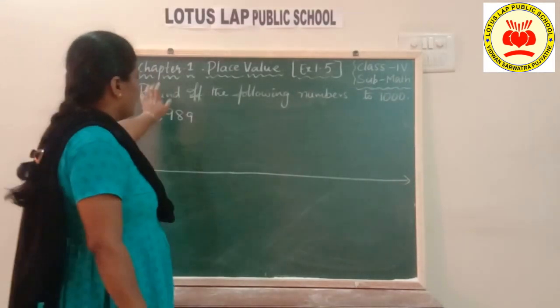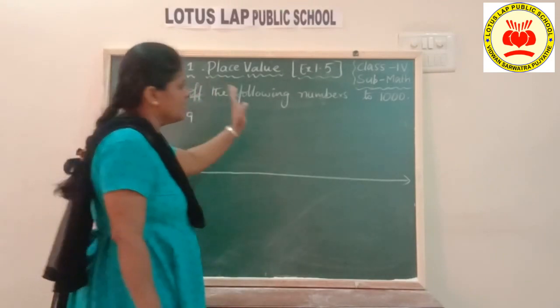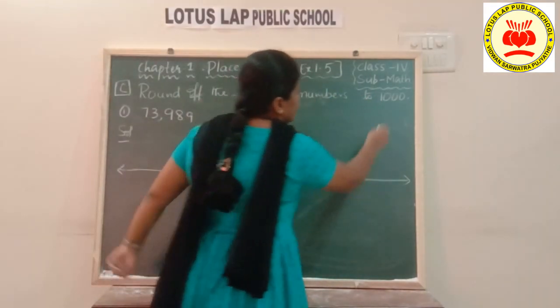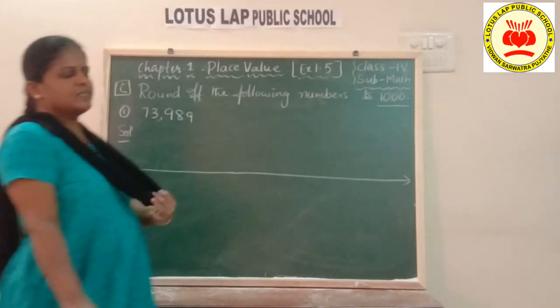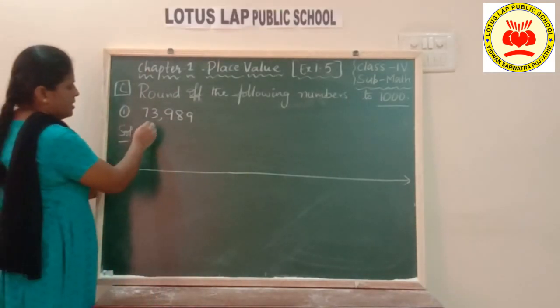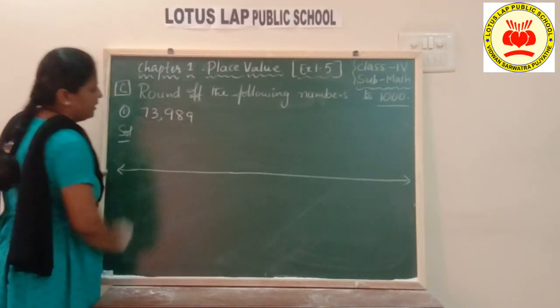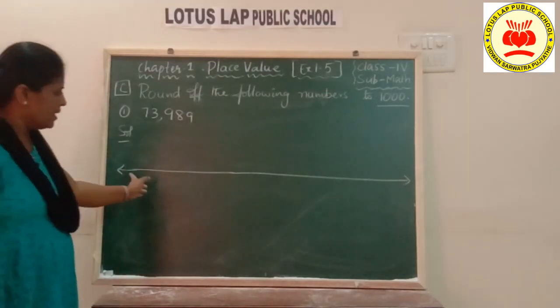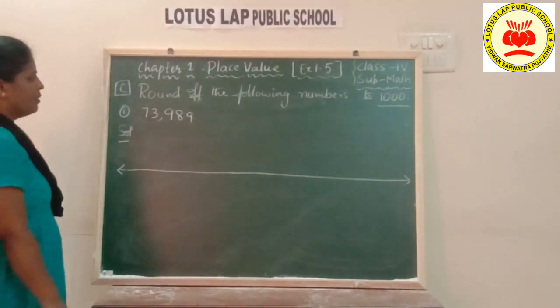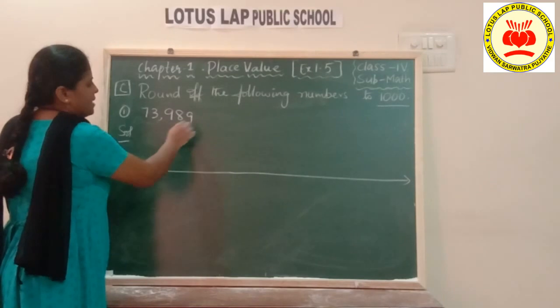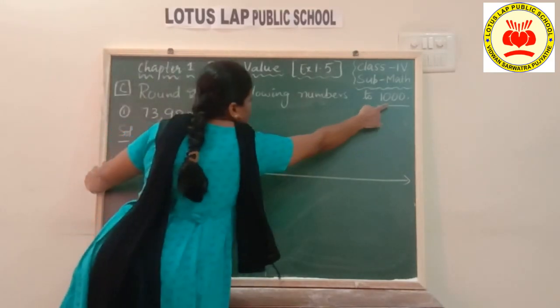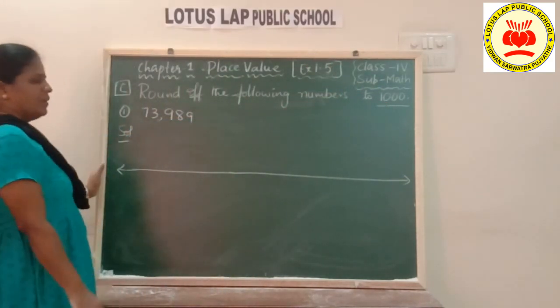Okay children. So the last bit of the exercise is to round off the following numbers to thousands, the thousands place. Here the given number is 73,989. I see here I have drawn the number line. Now identify between which two thousands this number lies.